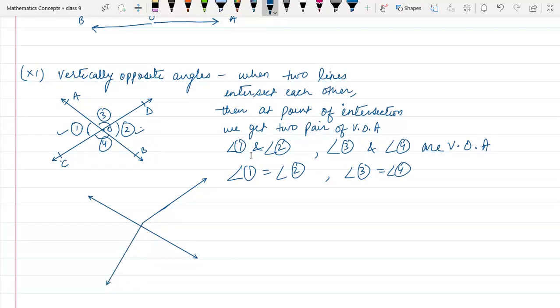In this case, if you observe, can we say this time that angle 1 and angle 2 are equal? No, because this time we have one straight line and 2 rays. These are not 2 lines. So whenever 2 lines intersect, then only we get vertically opposite angles. In this case, that is not applicable. So you need to understand the lines, only lines should intersect, then only we get pair of vertically opposite angles.